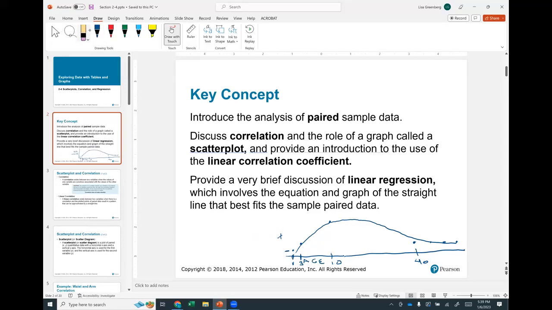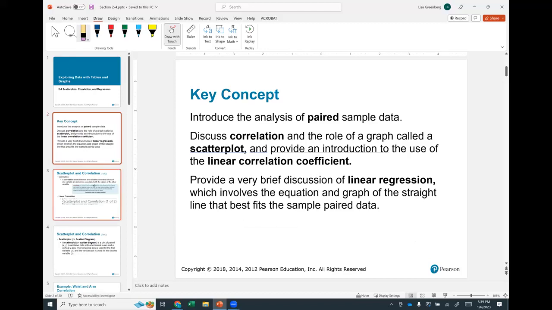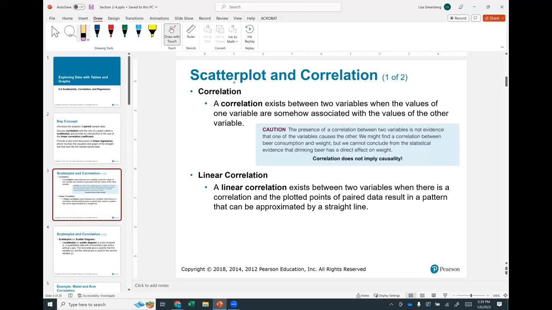Let me get rid of this. Okay, so a scatter plot and correlation. A correlation exists between two variables. We just talked about two different variables, age and hair length.